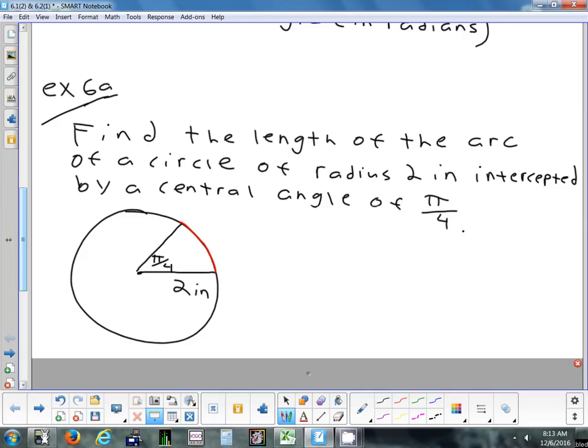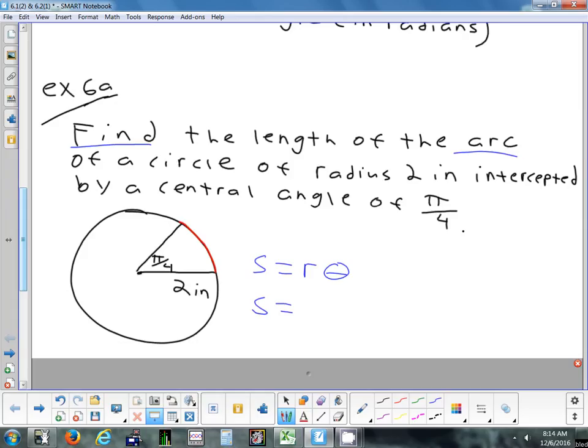Okay, so what's my formula? Let's write that down so we know what we're plugging into. Yeah, go ahead. S equals R times theta. And they're telling me to find the arc, so I already know I don't know S, so I must know everything else.